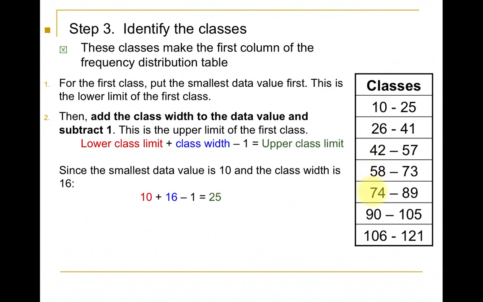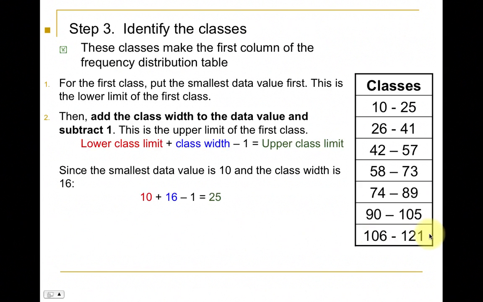Plus 16 is 74. Plus 16 is 90. Plus 16 is 106. Then if you take the 25, plus 16 is 41, plus 16, 57, plus 16, 73, and so forth. And you do this until you have all 7 classes created.